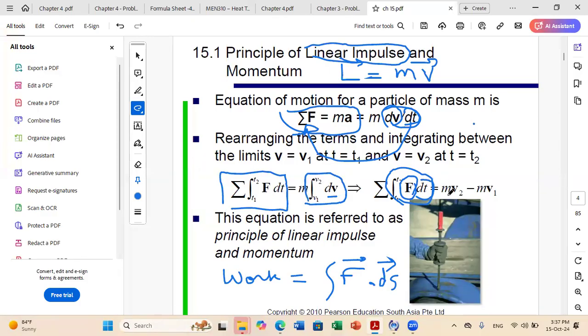So you get on this side mv2 minus mv1, equal to the summation of integral from t1 to t2 of F dt. This is why we say that the summation of linear impulses acting on a particle is equal to the variation of the linear momentum: mv at state 2 minus mv at state 1.